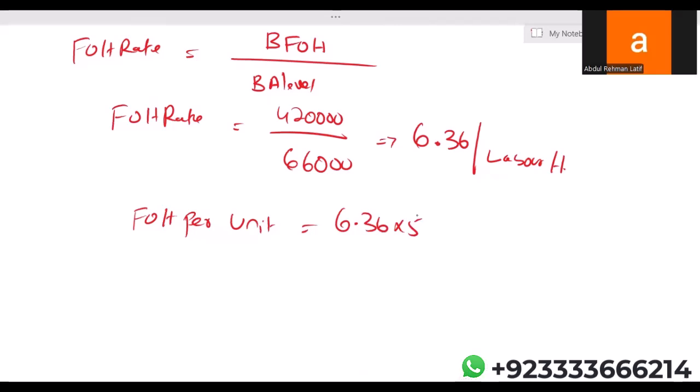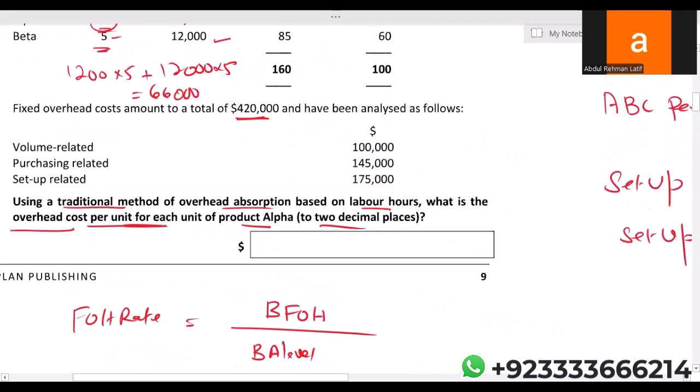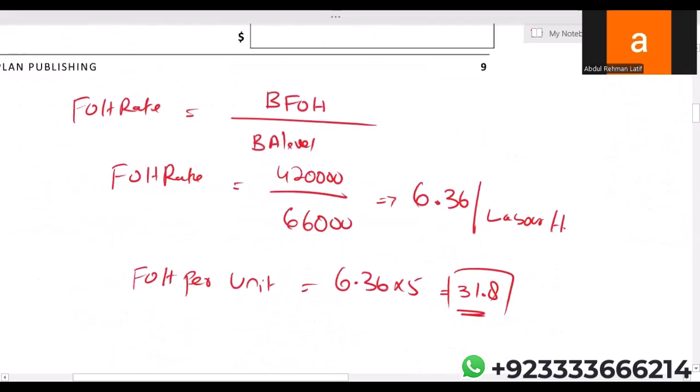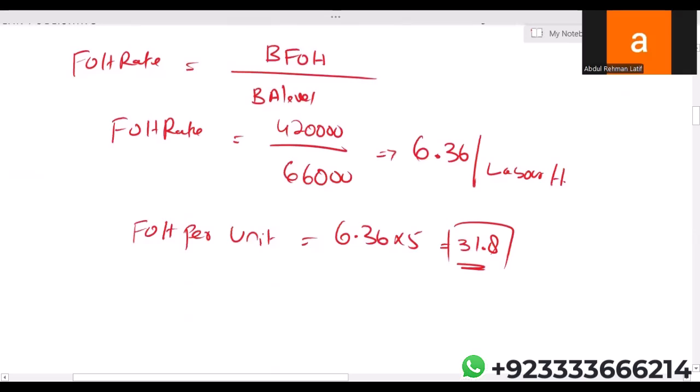Students, I'm getting 31.8. They're asking us to go for 2 decimals. Okay, then let's do this: 4,20,000 divided by 66.